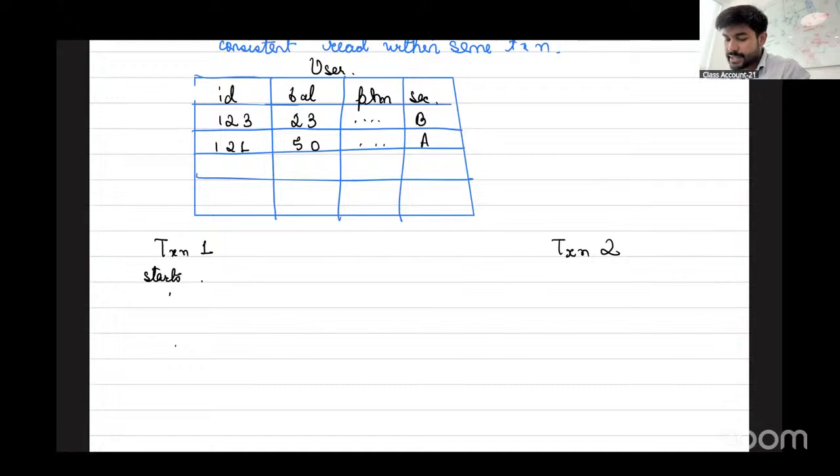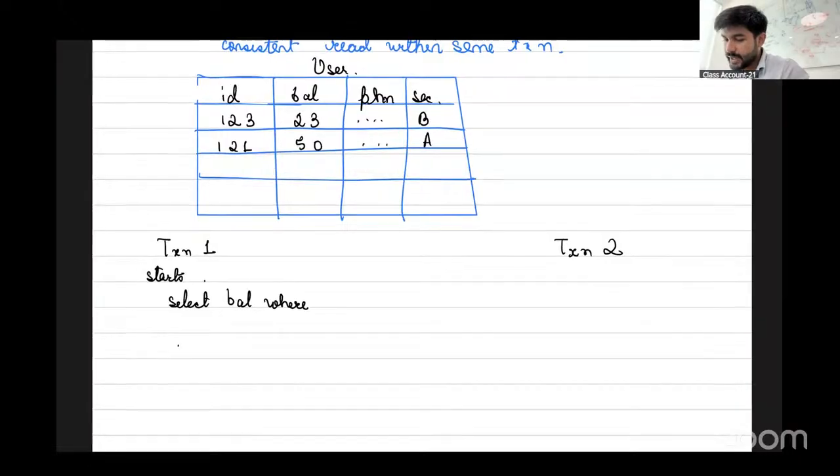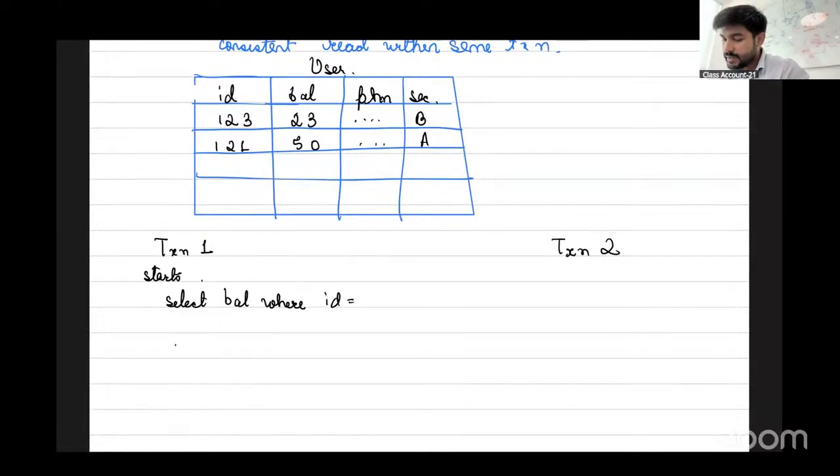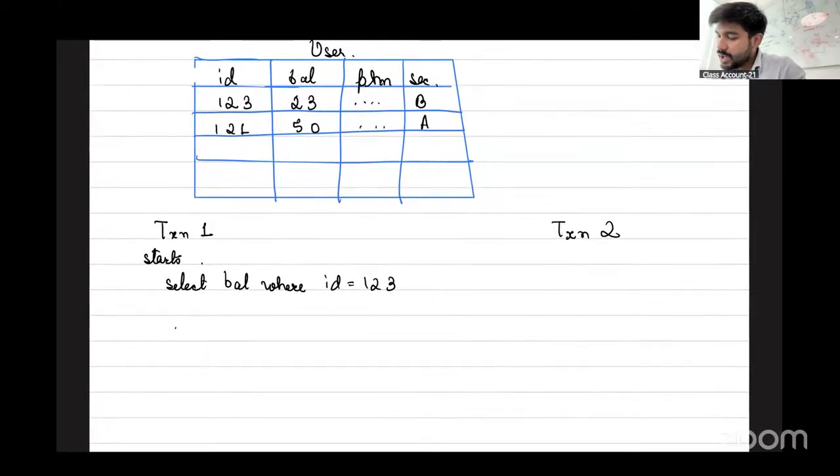If it queries select balance where ID is equal to 123, the output would be 23 when this line was written.